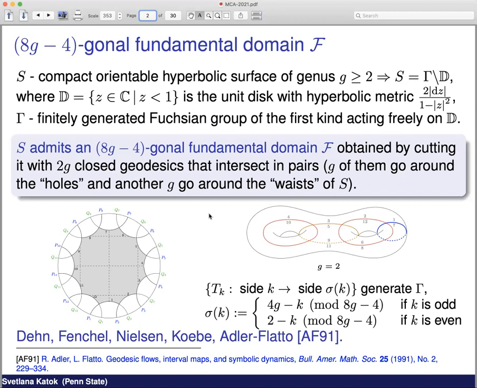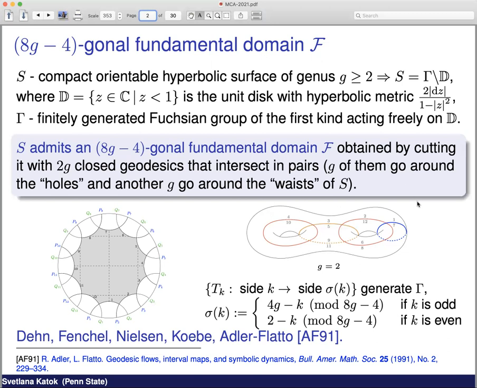And as the surface admits many possible fundamental domains, the one which is particularly convenient for our purposes is the 8G-4 gonal fundamental domain.